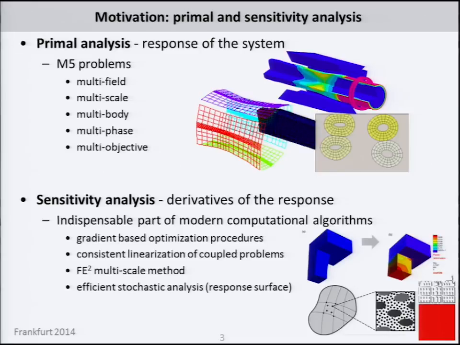But this is a very complex problem when we have M5 problem sensitivity. It's mostly done with finite differences, which is very poorly defined, especially second order. And if we want to do it analytically, we actually need something like Mathematica to derive the necessary terms.